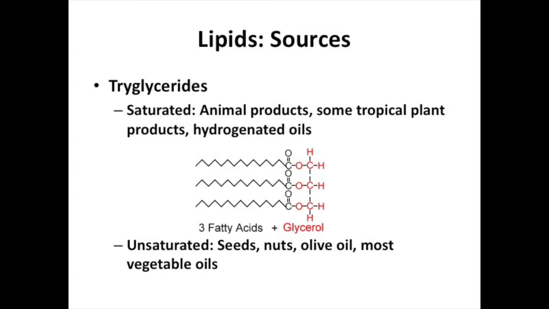Now, typically dietary-wise, the recommendation is going to be to eat unsaturated fats, specifically what are called monounsaturated fats. But it's really interesting. In the 90s, there was this really big push for low fat, low fat, low fat. Fat was what was causing heart disease. Fat was what was killing all these people.